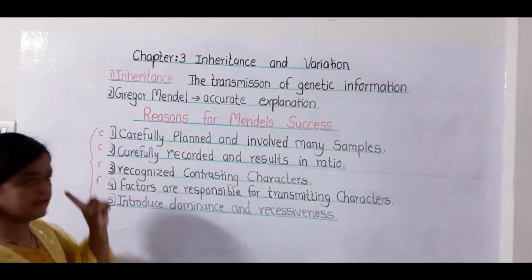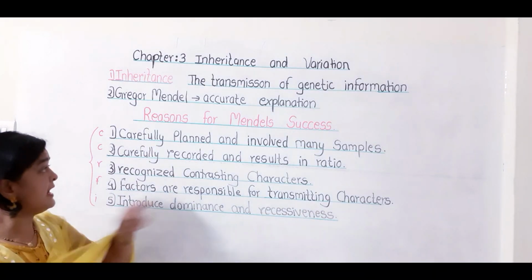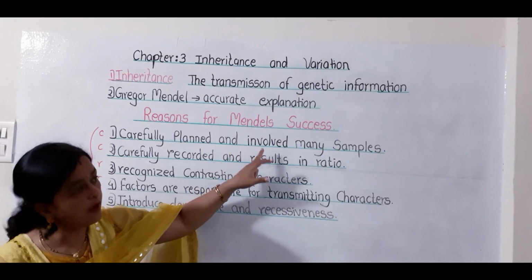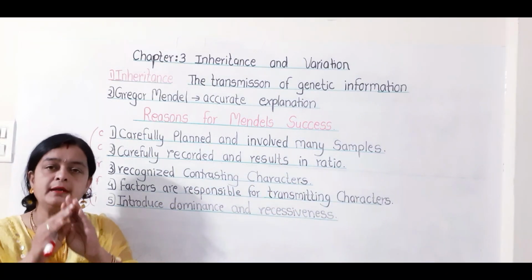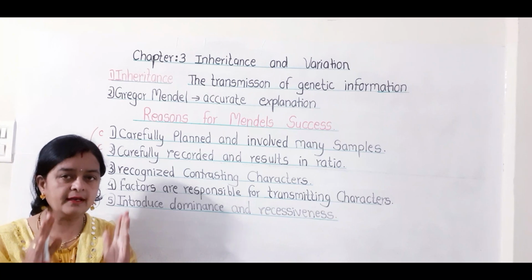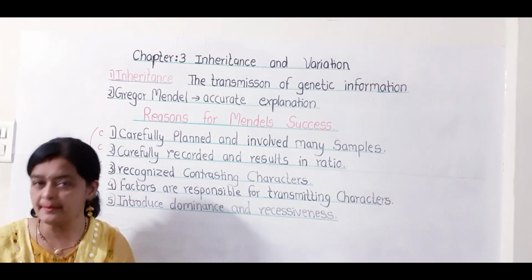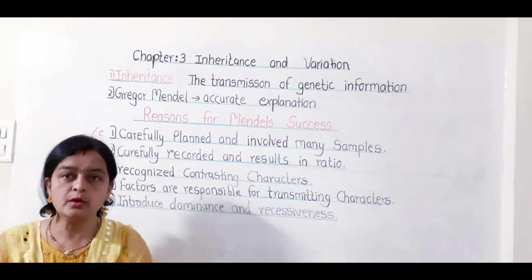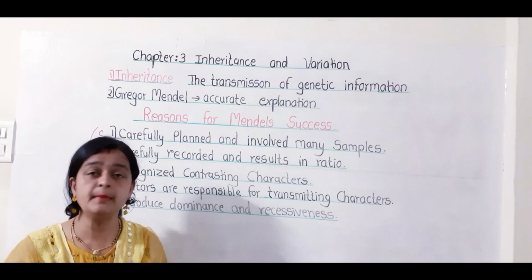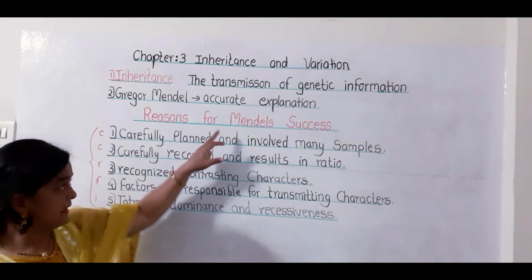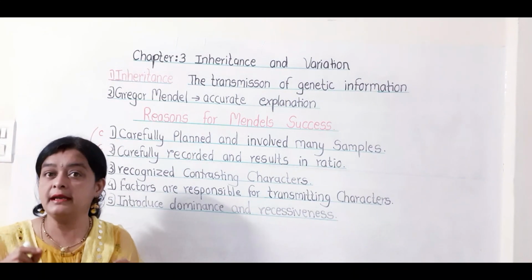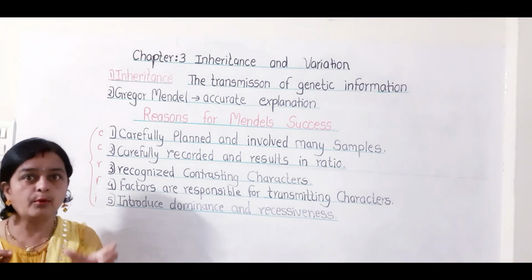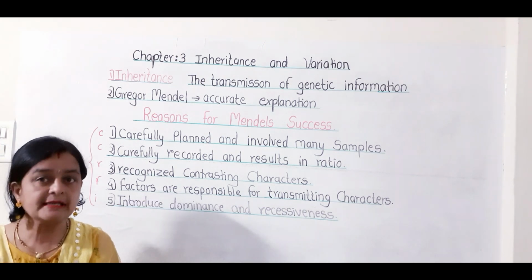What is the first reason? He did everything very carefully planned. His experiments were carefully planned and involved many samples. He took many samples and then performed the experiment. Mendel performed his experiments with the green pea only, whose botanical name is Pisum sativum.